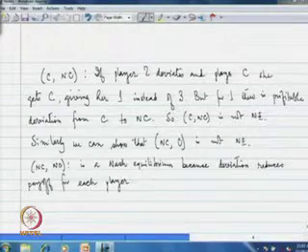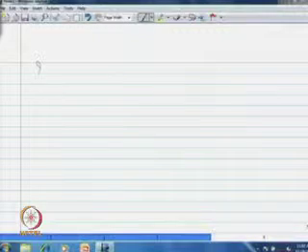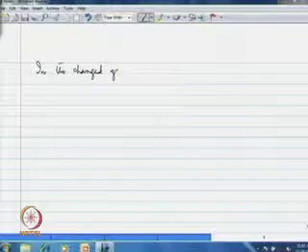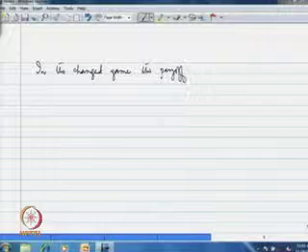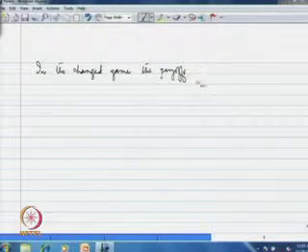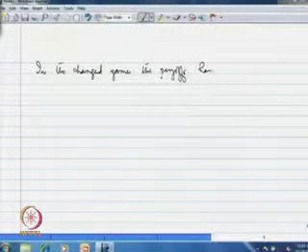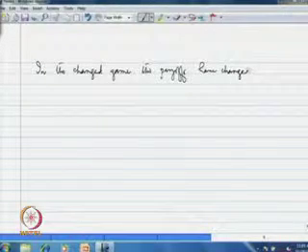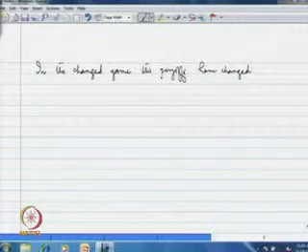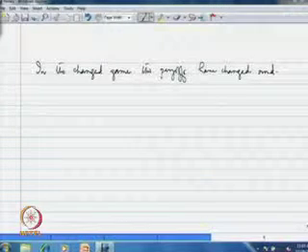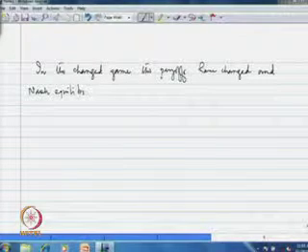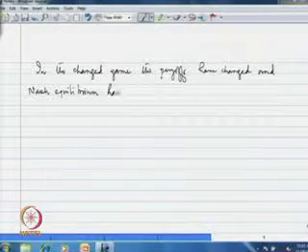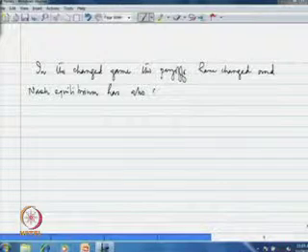So, in the changed game, the payoffs have changed, and Nash equilibrium has also changed.